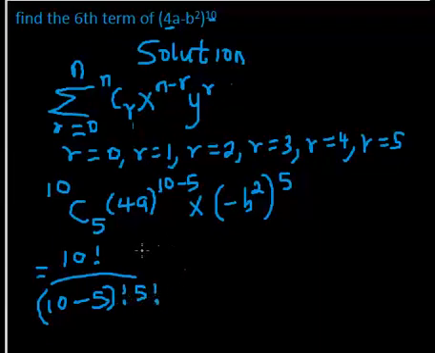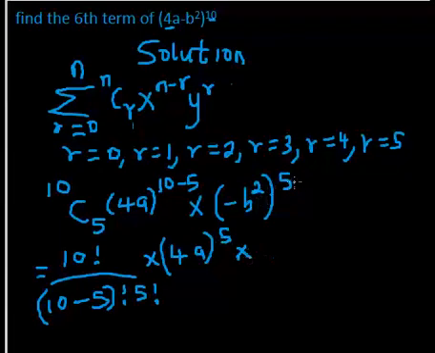What do we have next? That would be 4a, all raised to the power of 10 minus 5, that is 5, then times minus b squared raised to the power of 5.